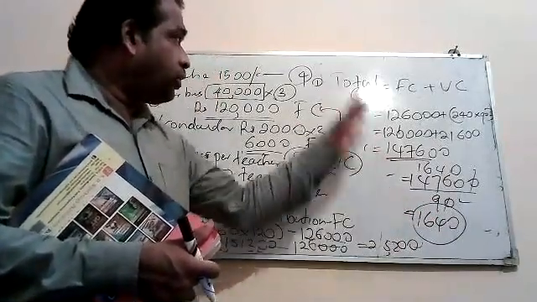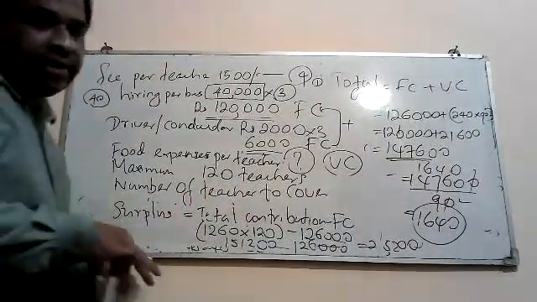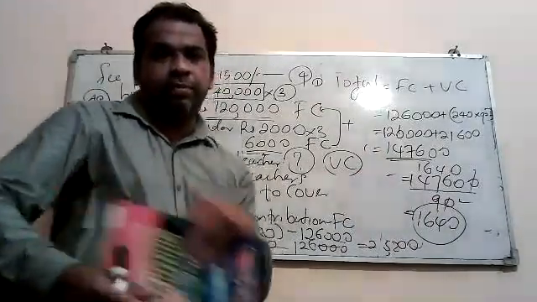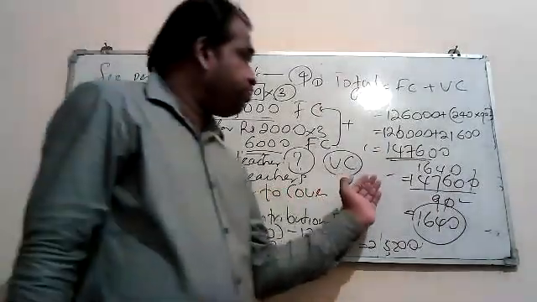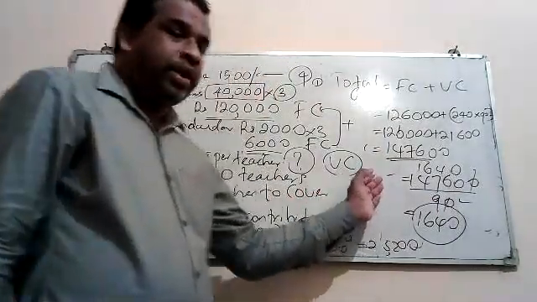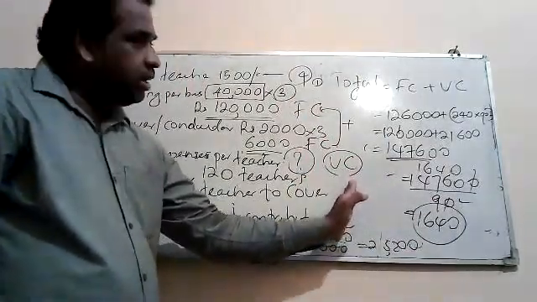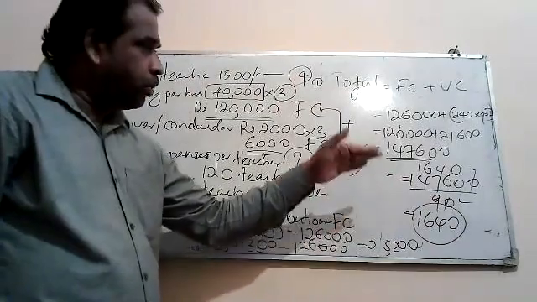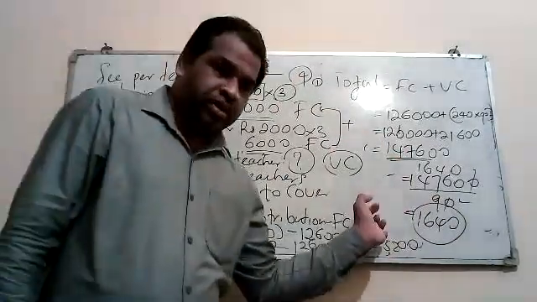Then how will we take this one? You know, at the break-even point, our total cost will be equal to total revenue. Therefore, if you calculate revenue cost, then we divide revenue by number of teachers given, then you can take cost.